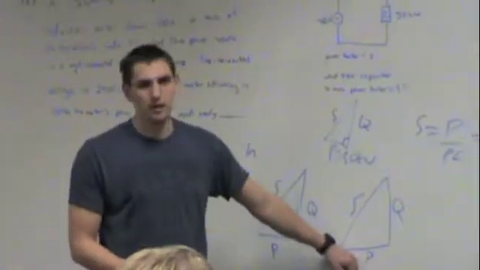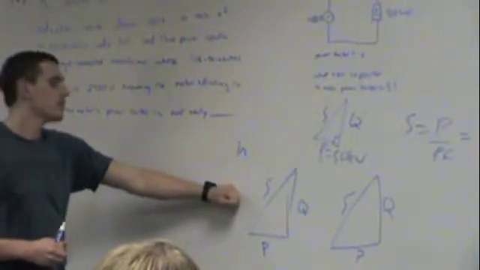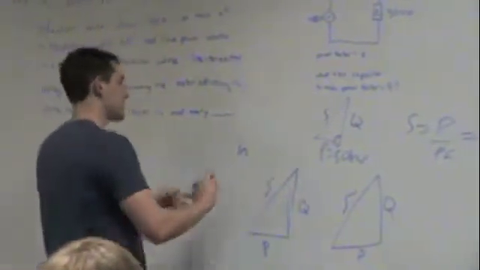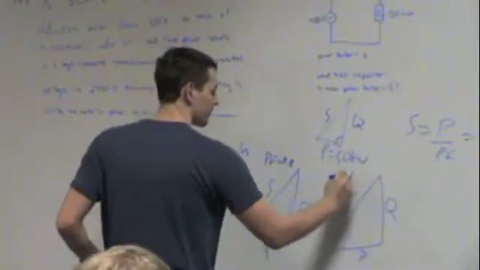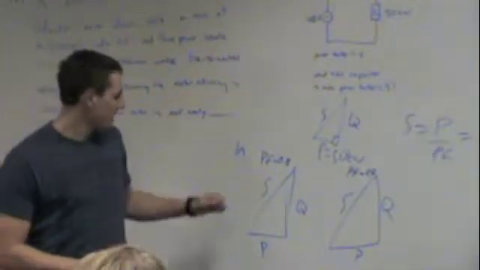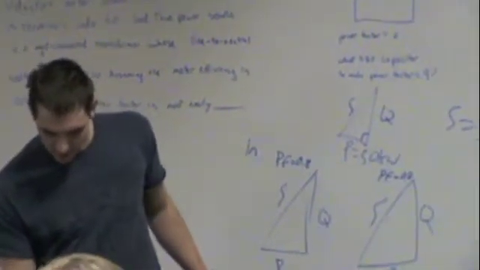So the real power over here is not going to change. Based on this formula, we calculated the S in the initial version. Based on the new power factor, this one is PF equals 0.8, this one's PF equals 0.9. So we found S here, and we're going to find Q next.